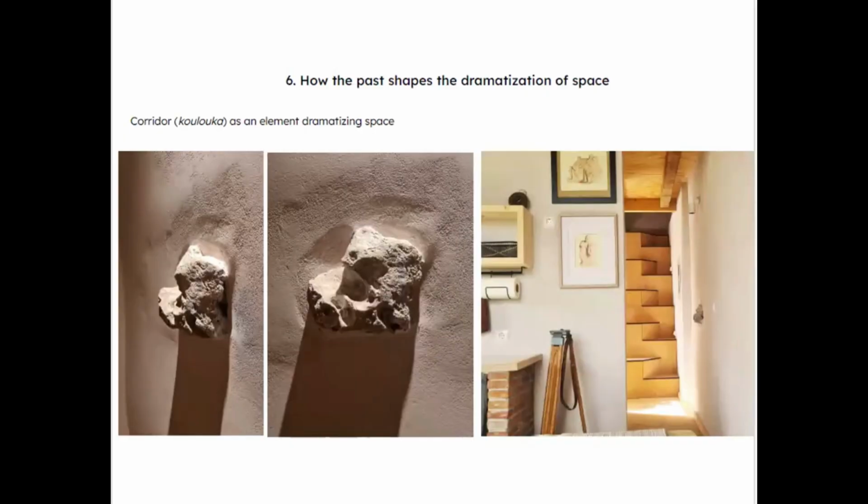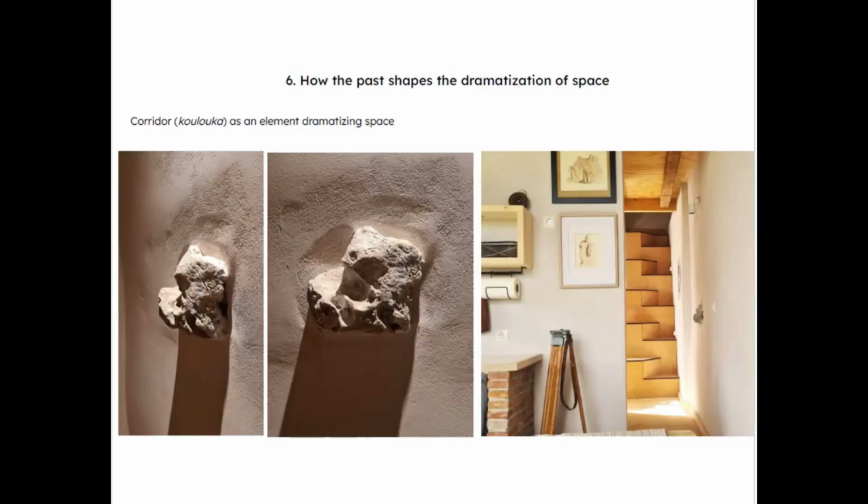And here we can see another element from the past and how it is preserved inside. This is kuluka, and kuluka means I'm tying. This stone was embedded in the stone of the building, has a hole in it, and was used to tie the animals inside.